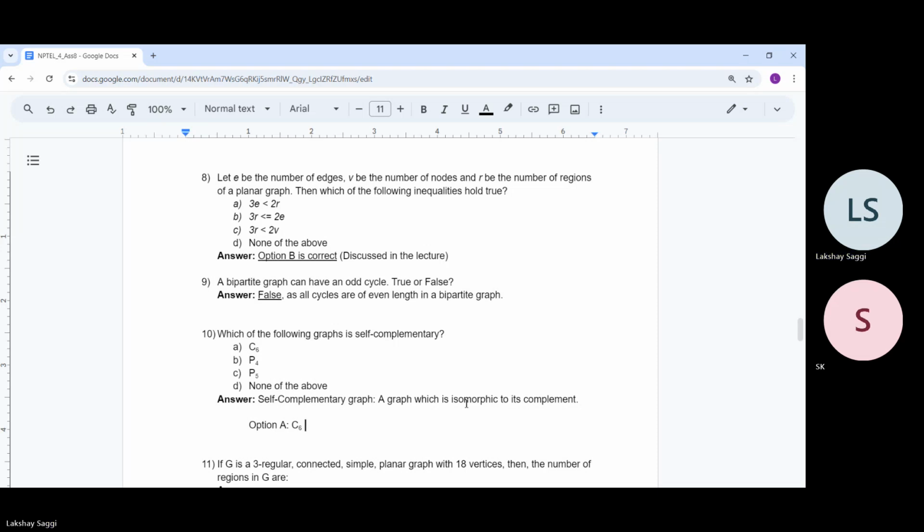So here also, we'll rule out some of the options using the number of edges argument. You can see that C6 has 6 edges, because it's a cycle on 6 vertices, so it has six edges.